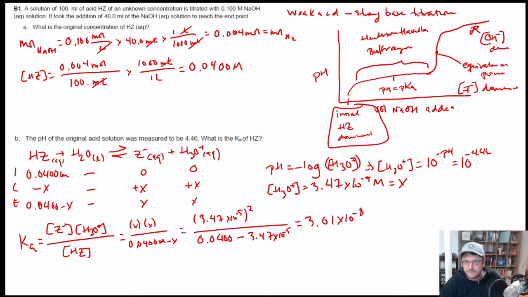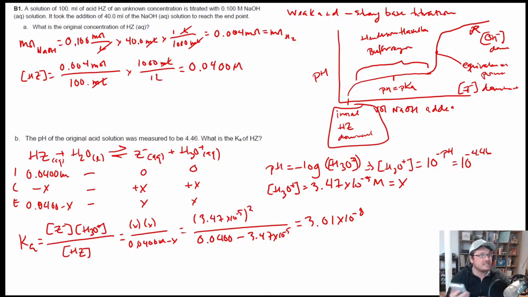So this is B1, 3.01 times 10 to the negative 8. One thing I did, just as an easy thing, if you have a TI calculator, you can just use the store button, which is right here. You can press store and then the X button.